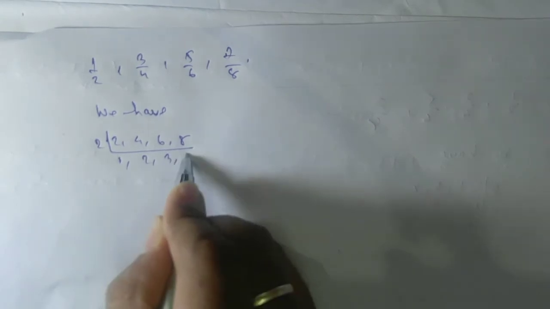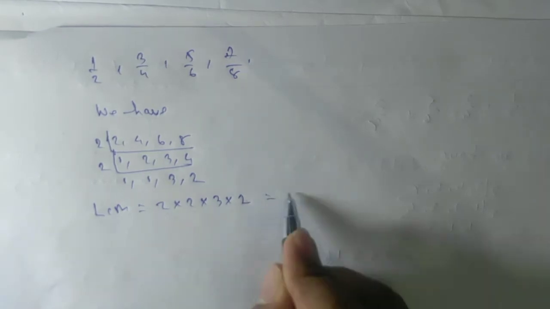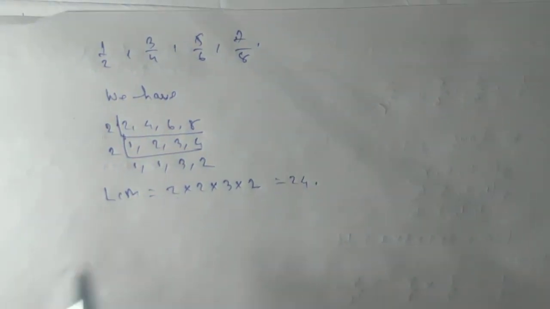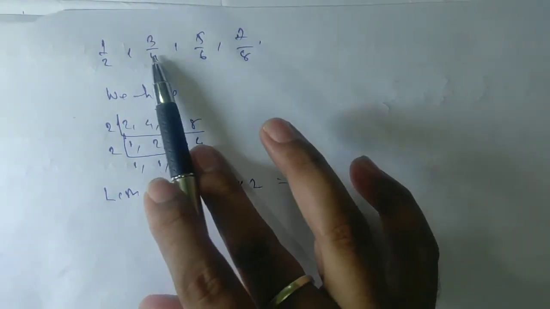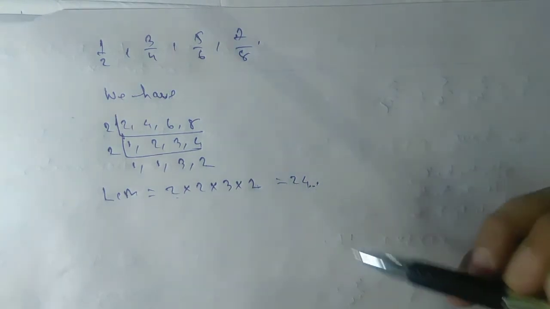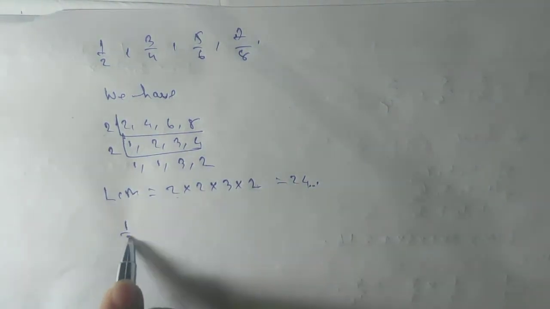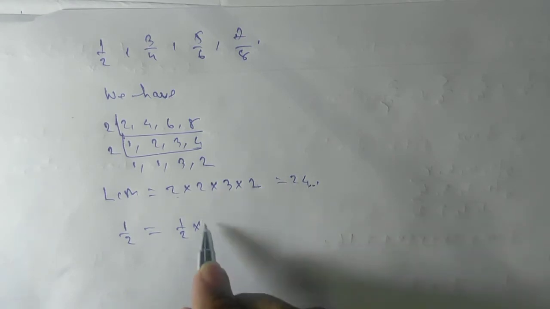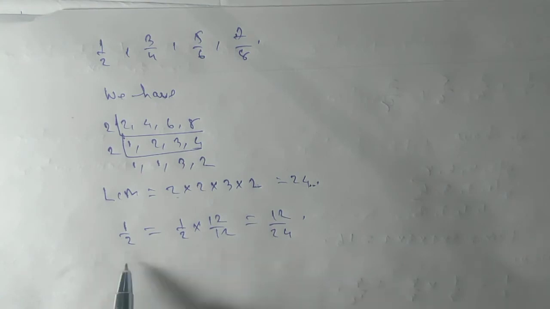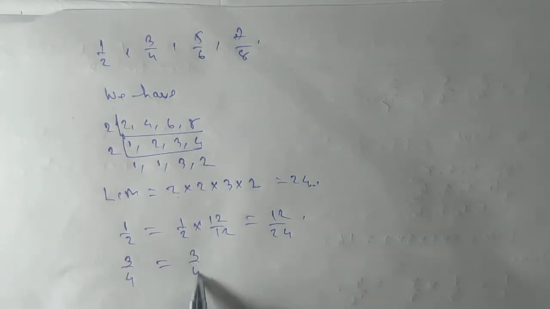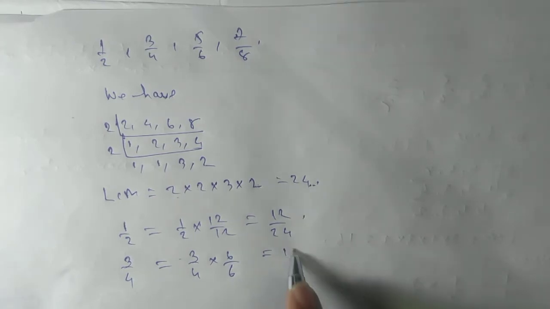LCM equals 2 into 2 into 3 into 2, 24 we are getting. Now our target is to convert each into an equivalent fraction where the denominator is 24. So 1 by 2 can be written as 1 by 2 into 12 by 12. This will give you 12 by 24. Next, 3 by 4 can be written as 3 by 4 into 6 by 6, where you get 18 by 24.